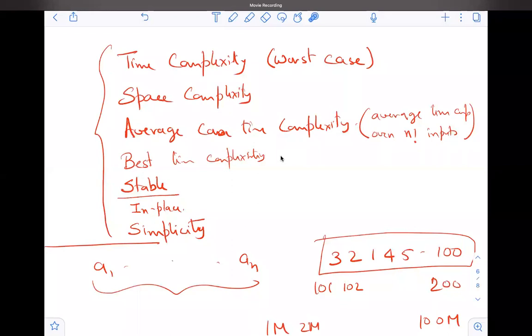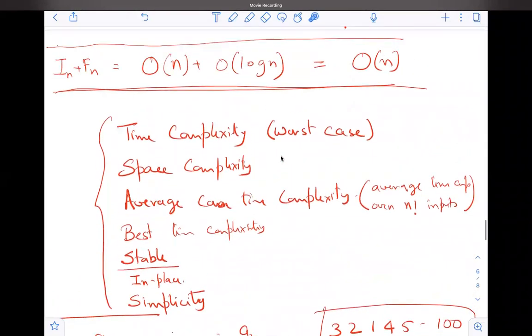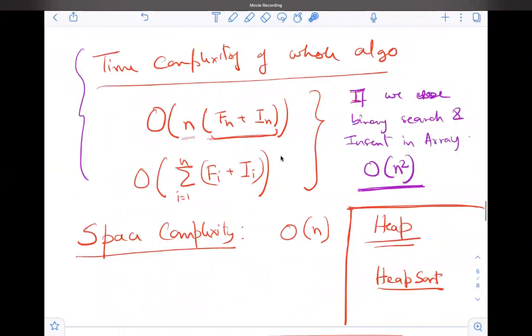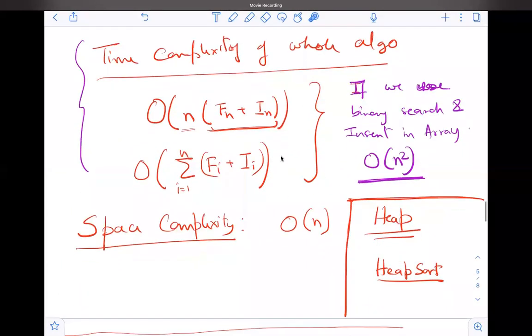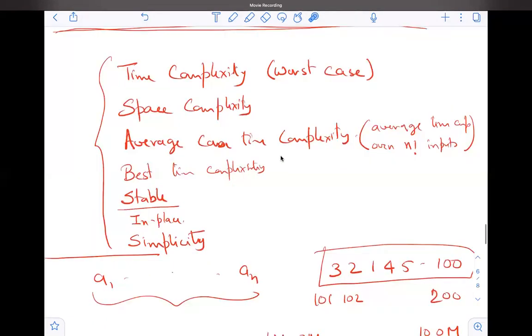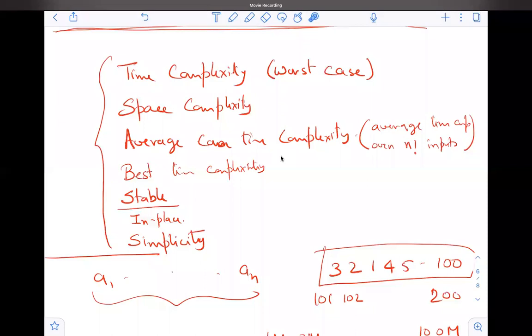In today's class, I just went over a generic technique using finding and insertion, and from the next class we will be going over some of the other algorithms. Many of the algorithms I'm sure you have already seen in some sense, so I don't want to spend too much time going over the basic algorithms as such.